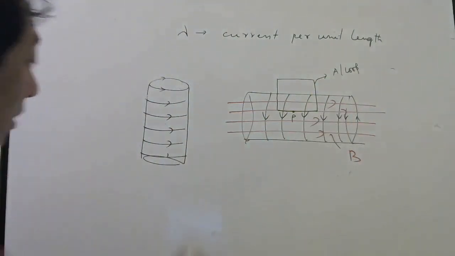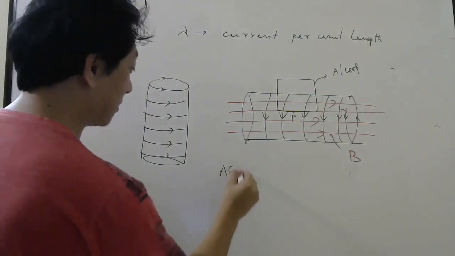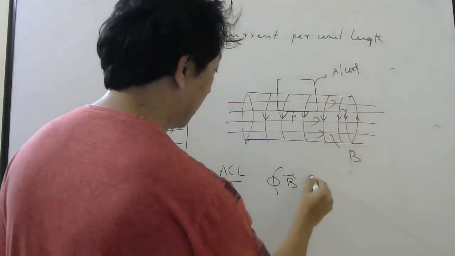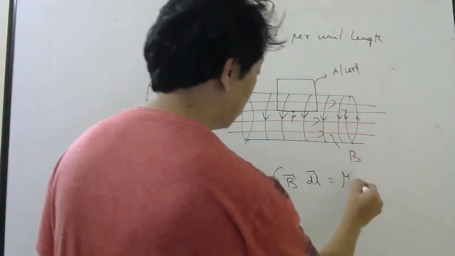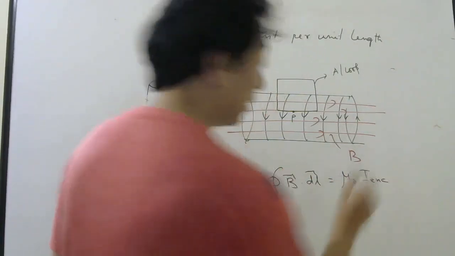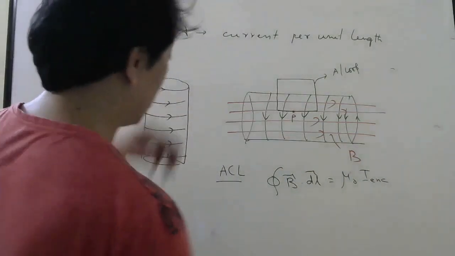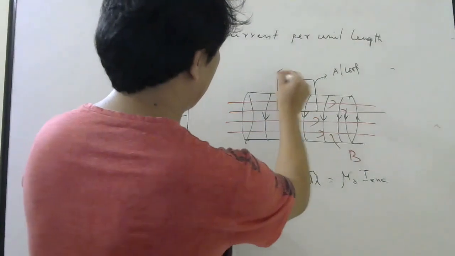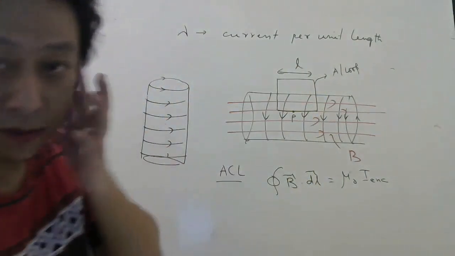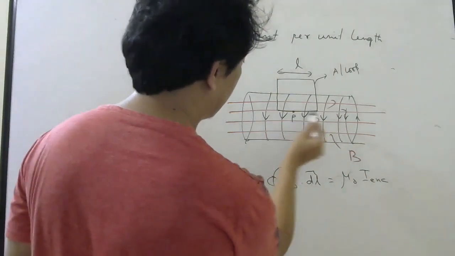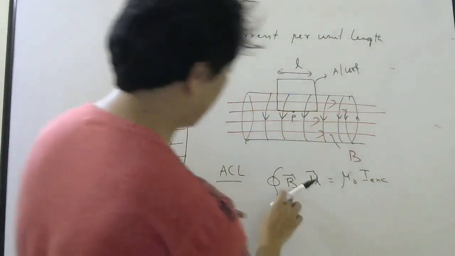Okay, so let us calculate. Let us apply Ampere's circuital law: line integral of B dot dl is equal to mu naught times current enclosed by the loop. Let us say this length is L. From here to here, if I go like this, my B is this side.